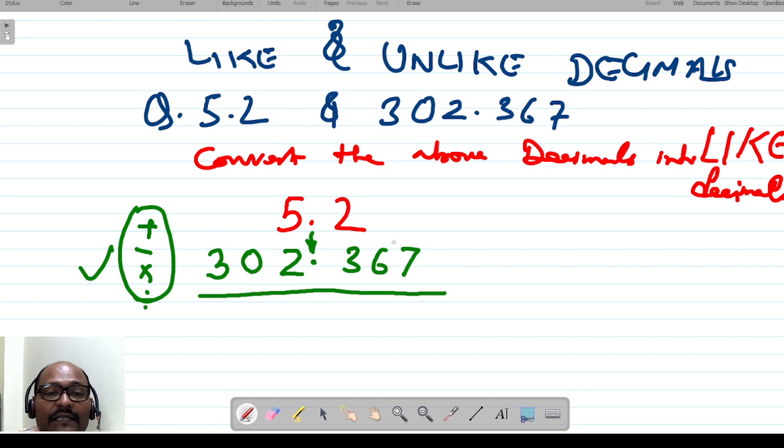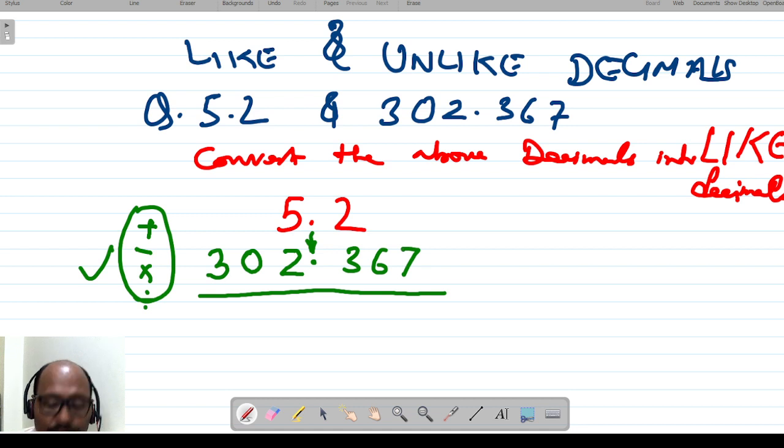These are unlike decimals, because of the number of numerals on the right of the decimal, that is tenths, hundredths, and thousandths. In 302.367, it goes up to the thousandths place, but in 5.2 it goes up to the tenths place only, right?